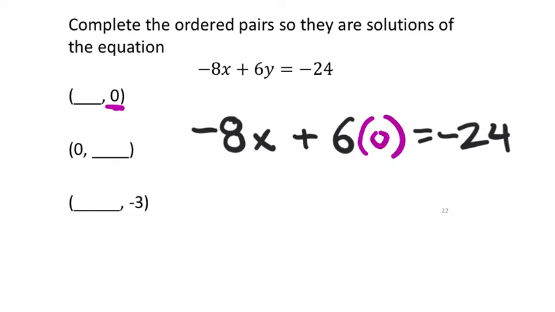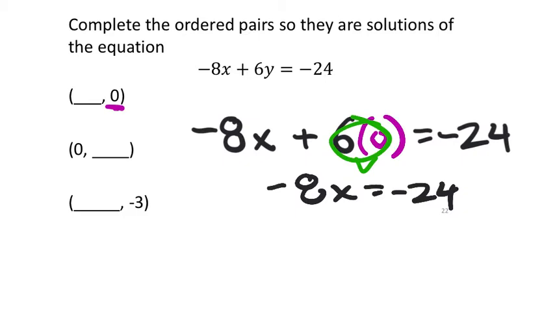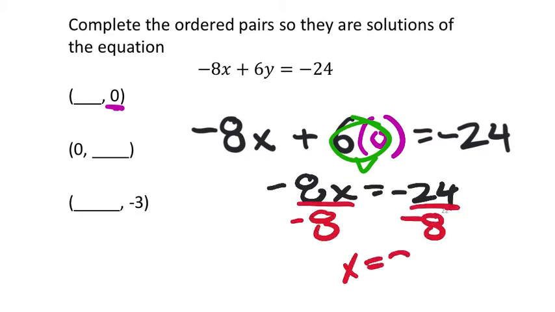This is now an equation just like we saw in Module 1 that I now need to solve for, in this case, x, right? So 6 times 0, I'm going to make that a phantom 0. And then I got negative 8x equals negative 24. Just divide both sides here by negative 8 to see that x would then equal 3, so 3, 0, okay? And you can check both values in the original equation to make sure it's true.